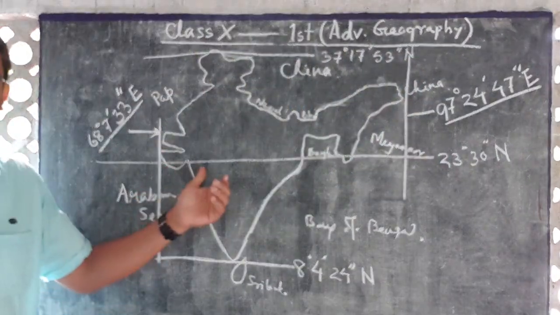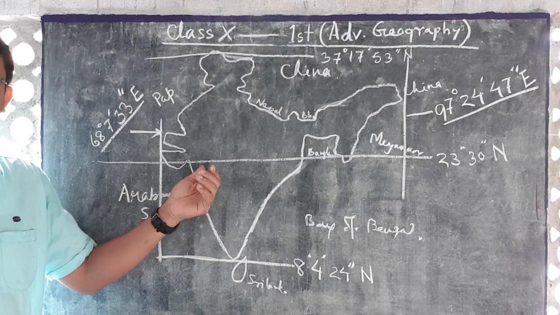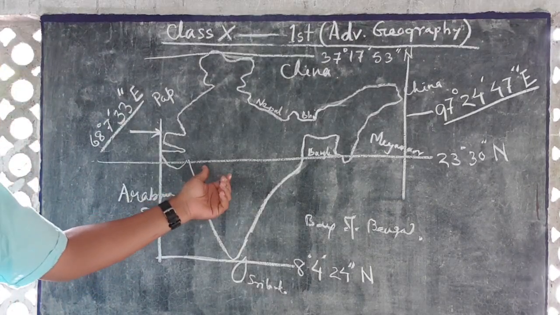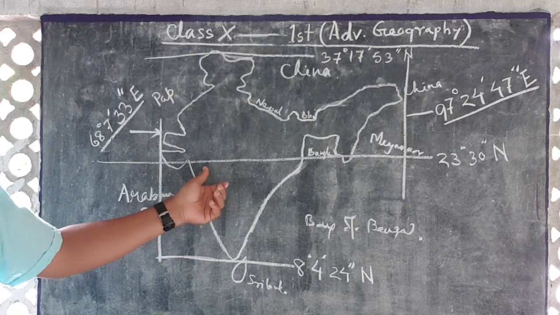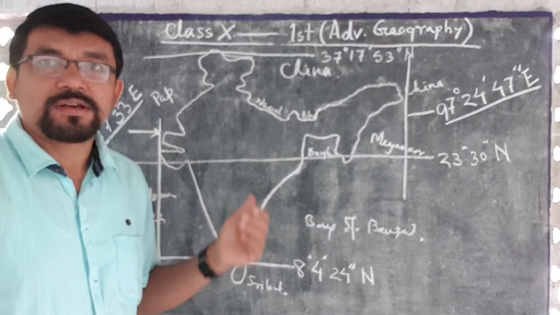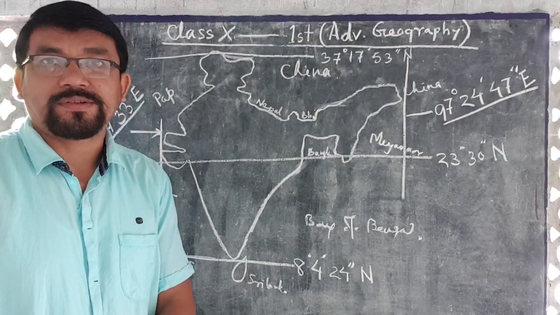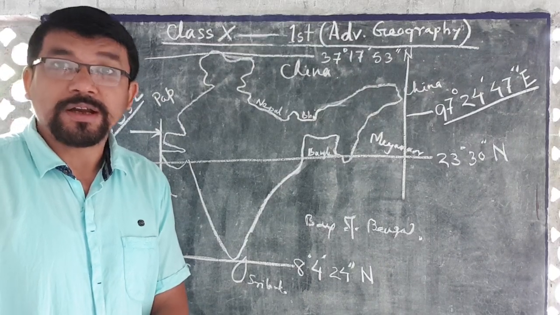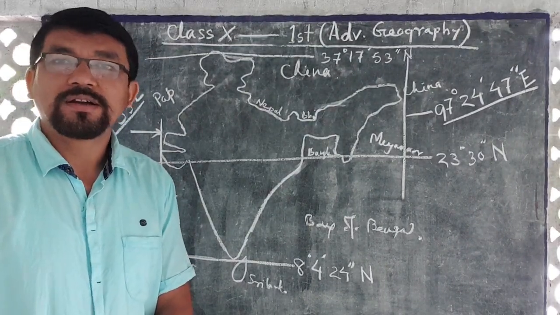What is it? Do you know? 23 degree 30 minute north latitude. What is the name of it? Its name is the Tropic of Cancer, which is very important for our country.